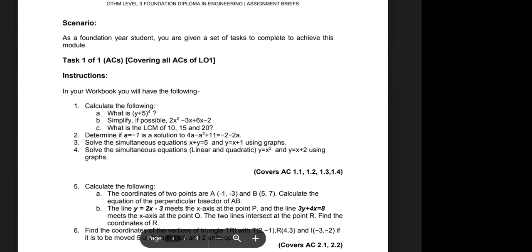So calculate the value of that. You should expand that. If you were there before, this is what I taught during binomial expansion.